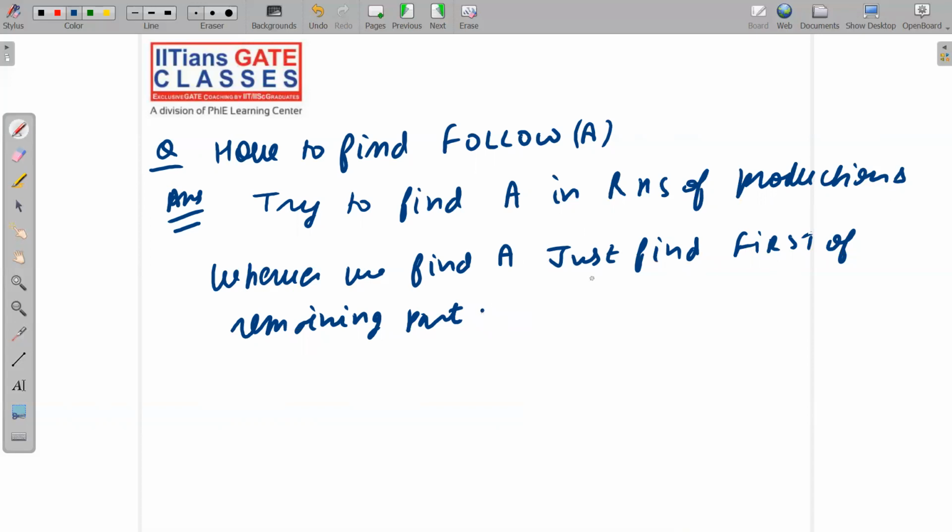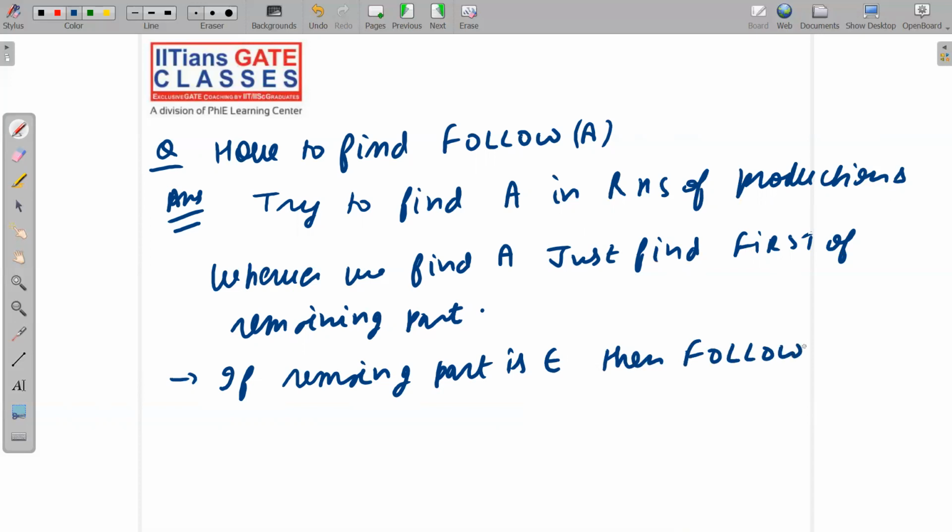Now you may ask a question: what if after A we have nothing? If the remaining part is null, then follow of A will be follow of LHS. Actually, "will be" is not a good phrase.